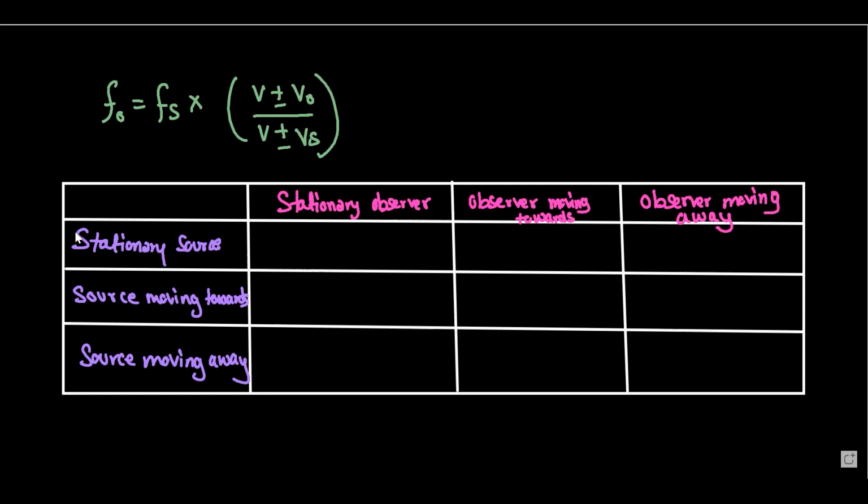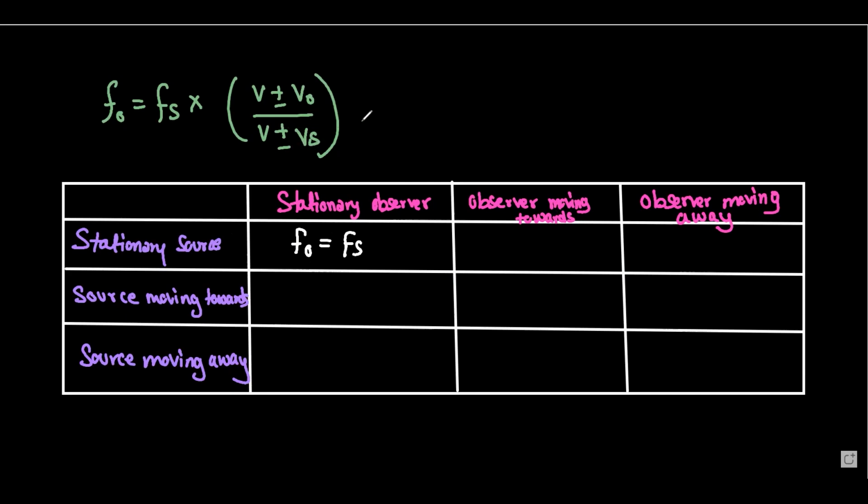Now, let's start from this position. If the observer is stationary and the source is stationary, no one is moving anywhere, the frequency of the observer and the frequency of the source will be exactly the same. So we can write here that F naught is equal to Fs. However, if the observer is moving towards the source and the source is stationary, that means Vs will be 0.